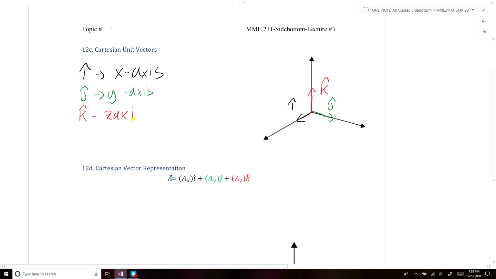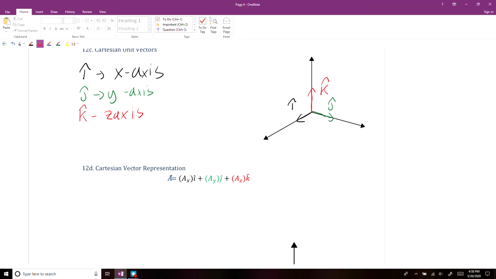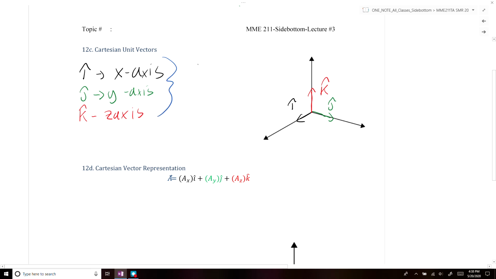All 3 of these unit vectors have a magnitude of 1, and they act along their respective positive axes.